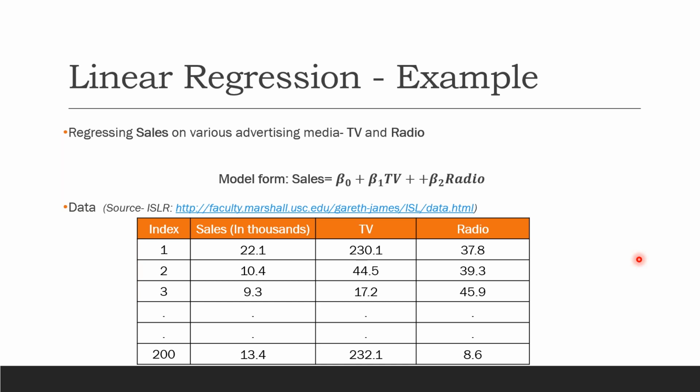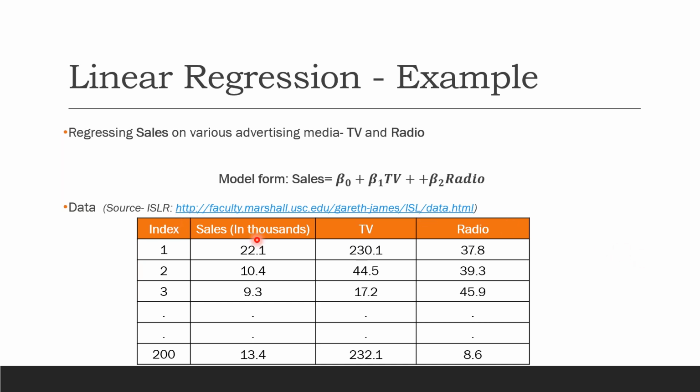And based on the advertising spend on these two different media, what we want to do is model the sales. So essentially we want to regress sales on the variables TV and radio.